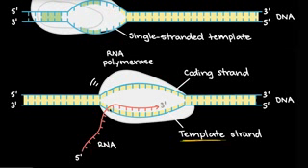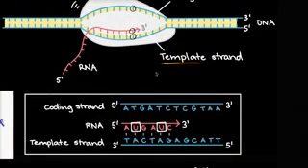But if you think about the information that RNA is actually going to encode, well, it's going to contain the same information as the coding strand of DNA, the other strand of DNA, because this nucleotide right over here is going to be complementary to this one over here, just as this nucleotide was complementary to that one over there. And you can see it in a little bit more depth if we actually were to add the nucleotides. So this is the template strand. If you have a thymine, well, on the RNA, you would have the adenine. And look, on the coding strand of DNA, the one up here, you would also have an adenine.